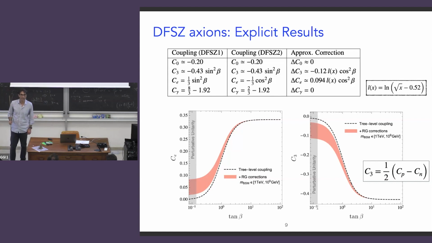And this is one of the general results I was talking about, right? Because every change is proportional to delta C3, and delta C3 is proportional to the cosine square of beta. So a large tangent beta fails. In fact, something we discovered just today with Shoaib is that if you go to very large tangent beta, then maybe you need to add the bottom, but the correction will still be very small, tiny. I don't care about it.